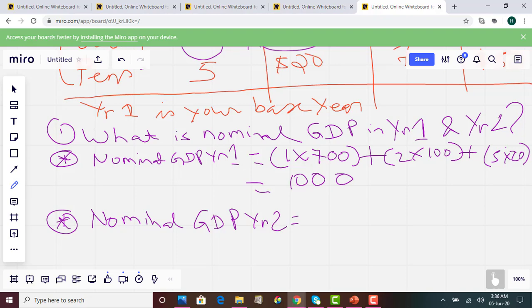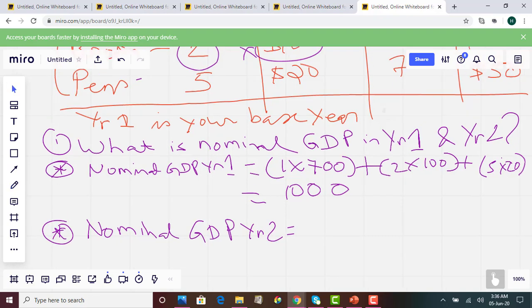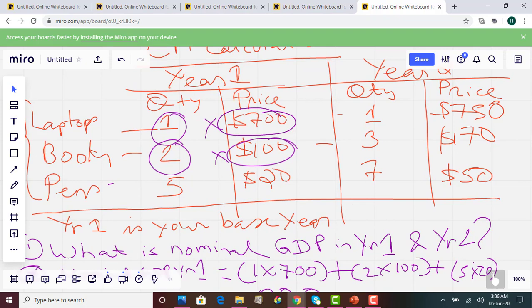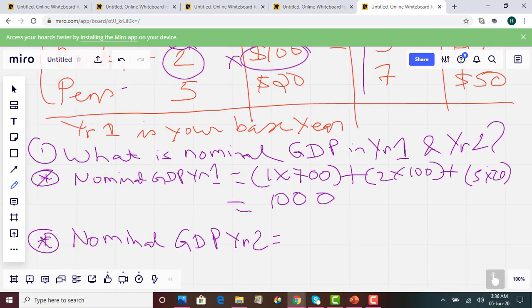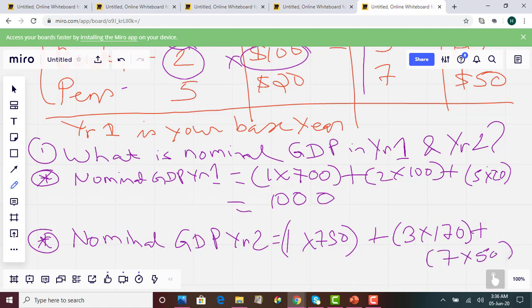Same way, we use the same formula we used here, but with these numbers now. So price times quantity plus price times quantity plus price times quantity. So 1 times 750, plus 3 times 170, plus 7 times 50.